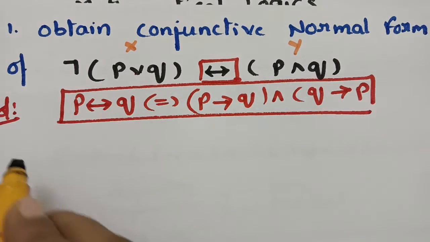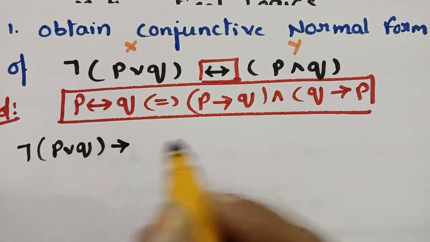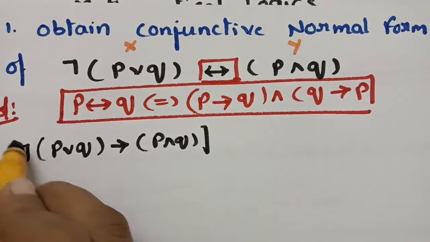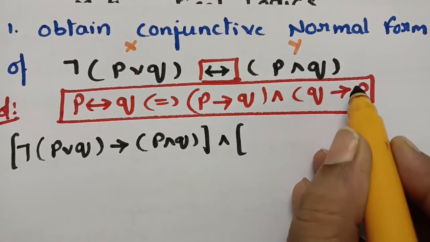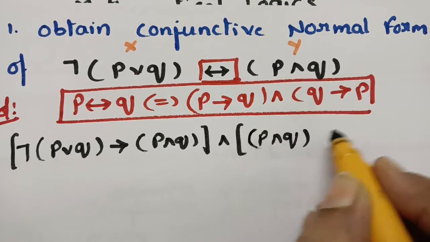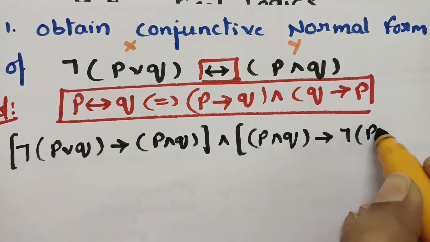So this is P and this is Q. So this will be negation of (P or Q) implies (P and Q). So P implies Q is done. Next one, Q implies P. What is Q here? This is (P and Q) implies, this one is P, negation of (P or Q).